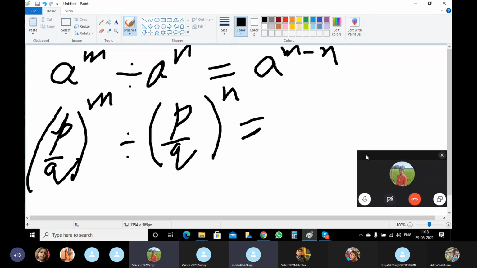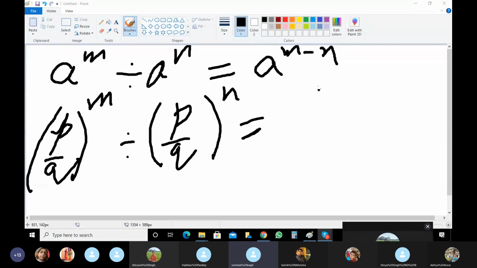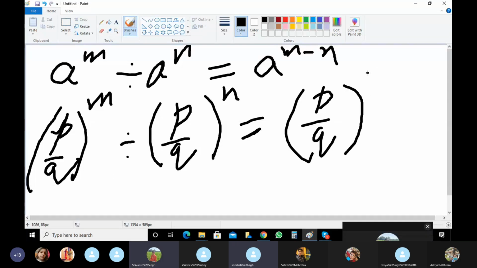Who will tell? (p upon q) to the power m minus n. Can you see the formula? Yes. Your law is the same, just in place of a, we are using p by q.